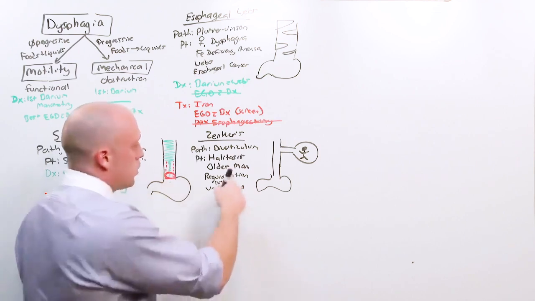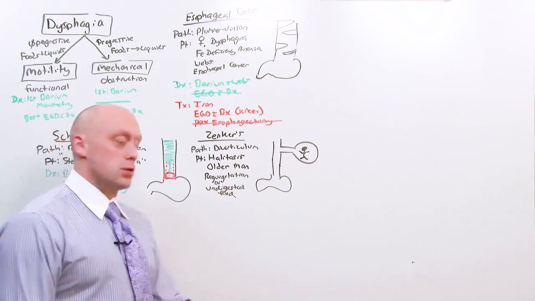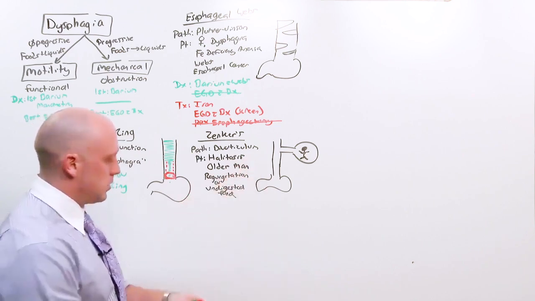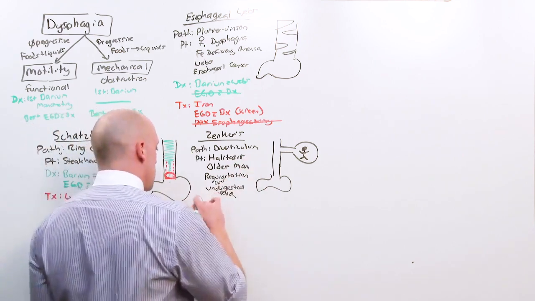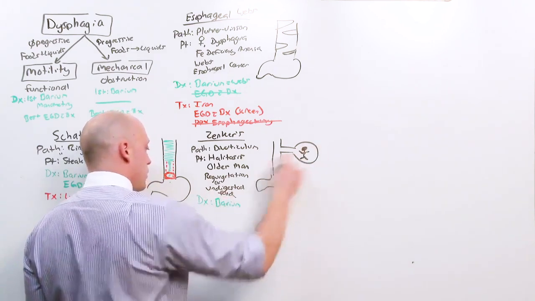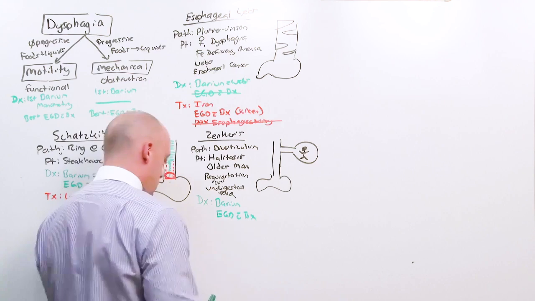This is also someone who coughs and gags on initiation of swallow. But don't use that because that could be a stroke. It's the regurgitation of undigested food and halitosis that seals the diagnosis. The diagnosis is first made with barium, and the barium will fill the diverticulum, then EGD with biopsy, and you surgically repair.